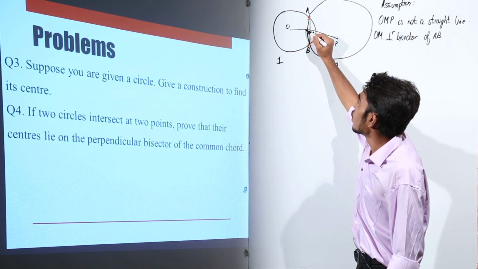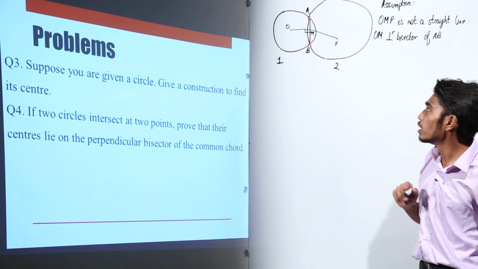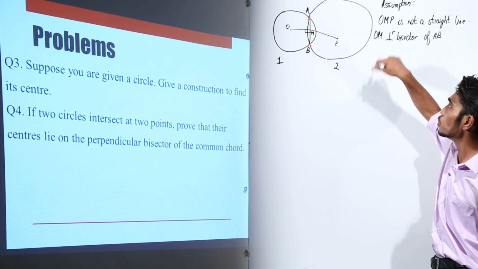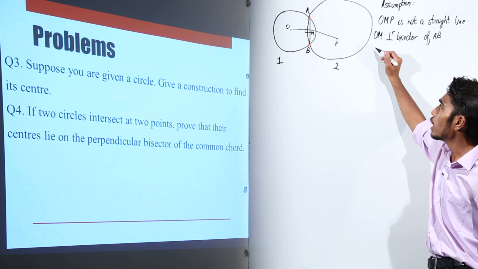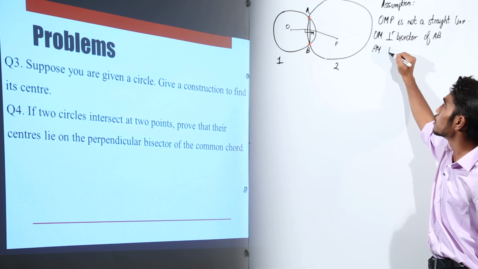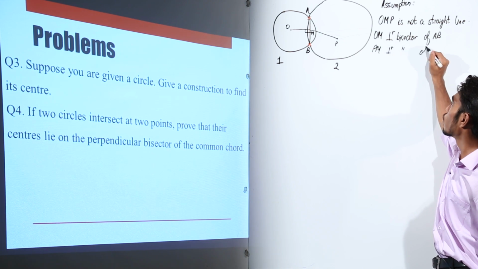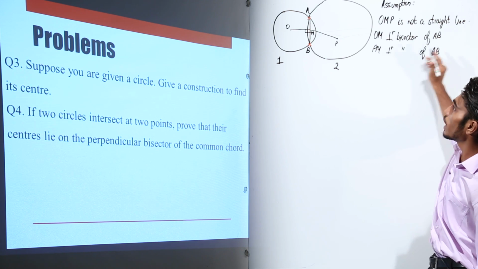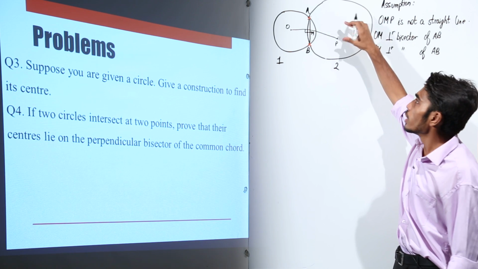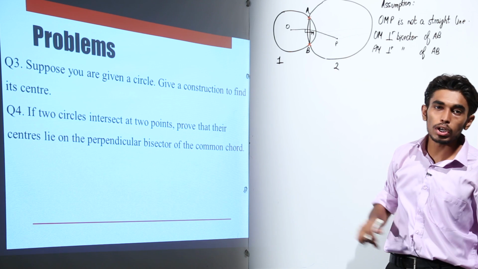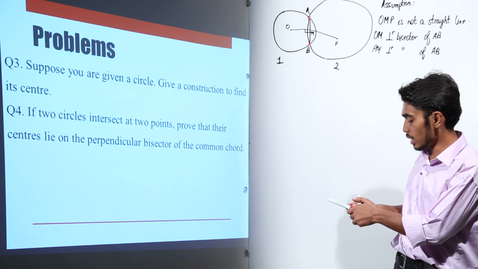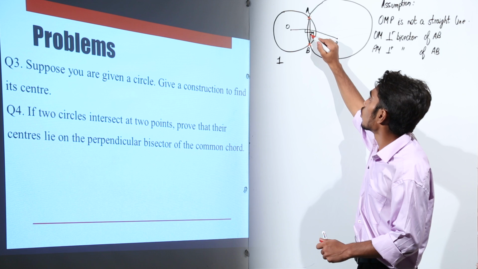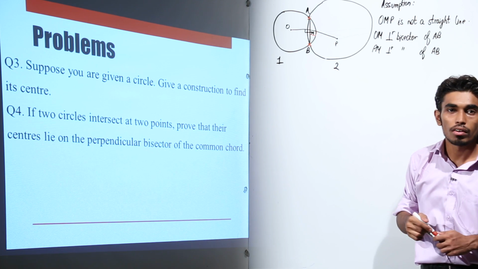So I can draw a right angle here, right? Similarly in circle 2, AB is a chord and PM is a perpendicular bisector of chord AB. So I can again write that this angle should also be equal to 90 degrees, right?